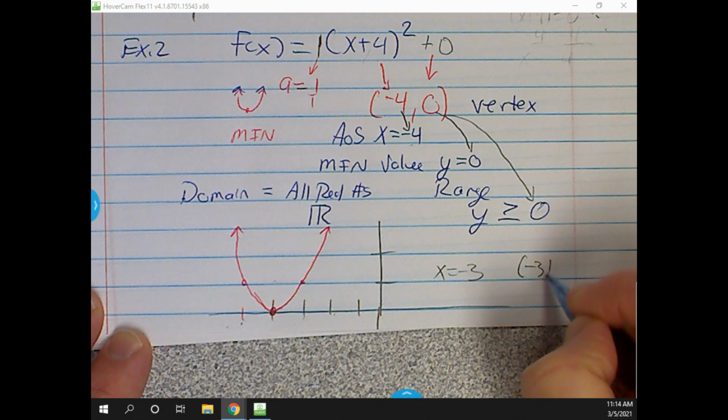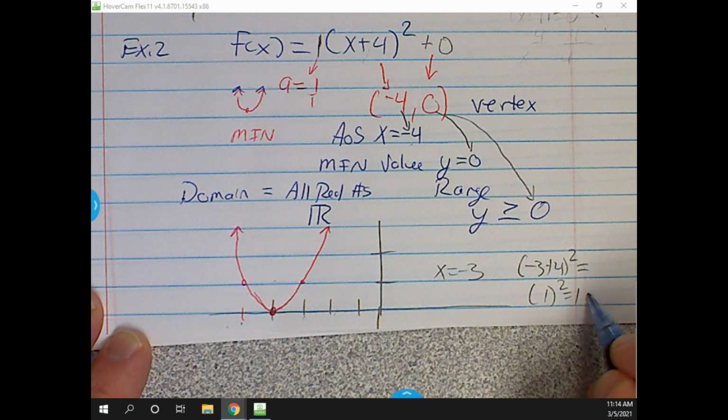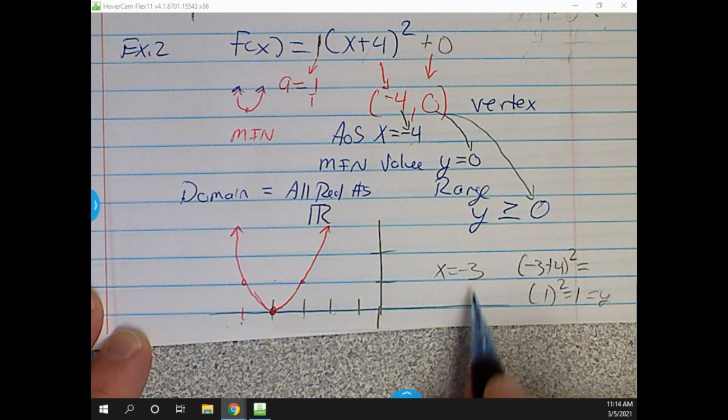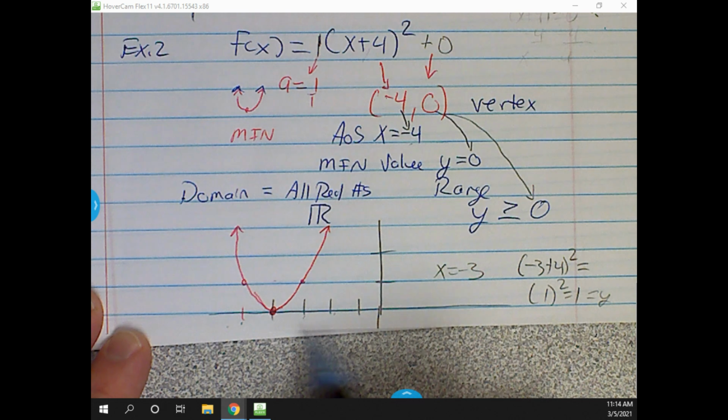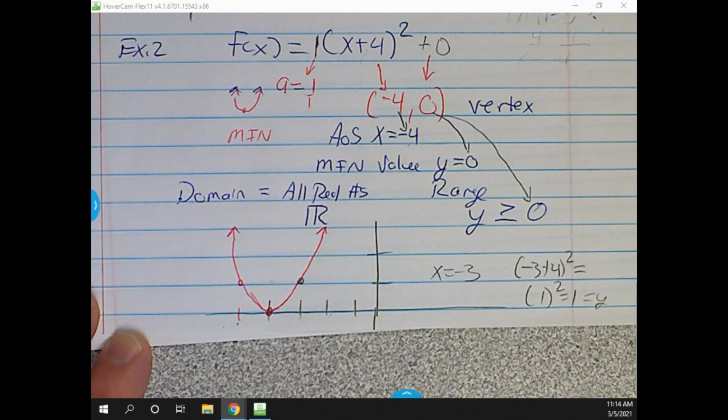And then you plug that thing in, and then you work it out. So when you plug in -3, the answer you get is the y value. So that's going to give you an ordered pair at -3, 1. So if you go back and check it, it's -3, 1, and that's the point that you have right there. So that's technically what we're supposed to do, but we're going to take some shortcuts just because we're going to cheat a little bit if we can.